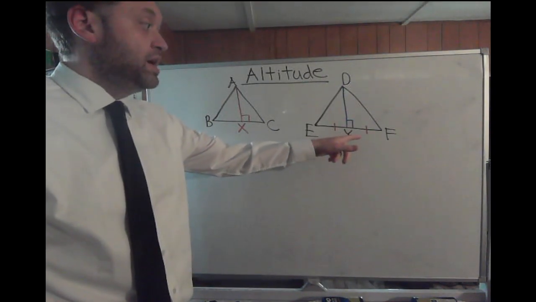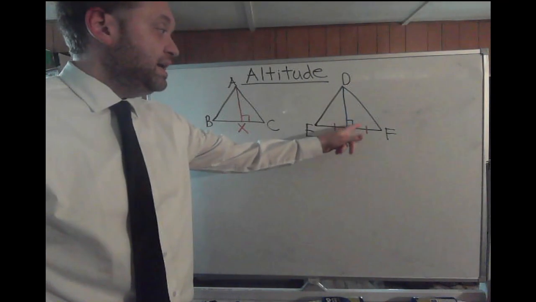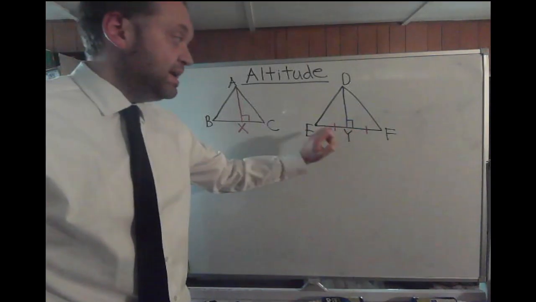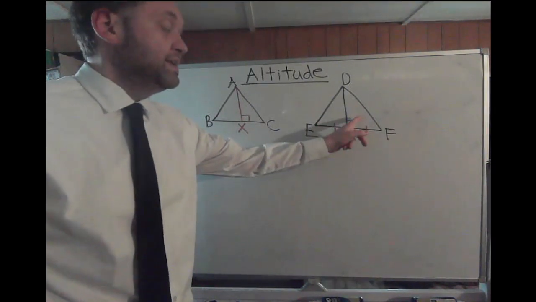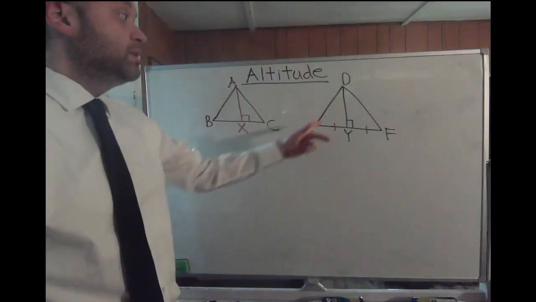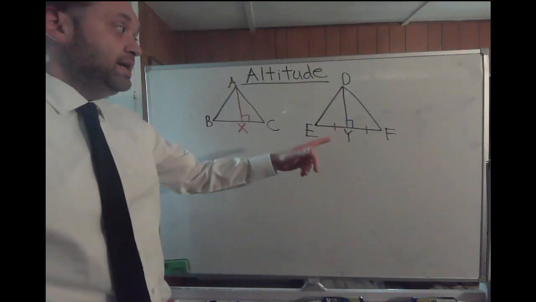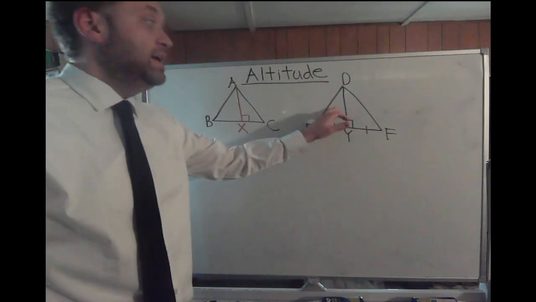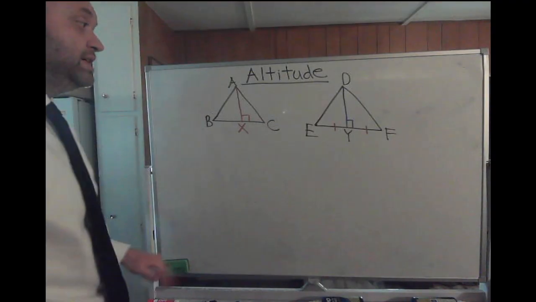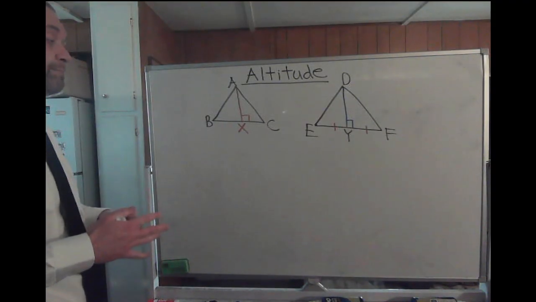It forms both a perpendicular line with the opposite side and it intersects the opposite side at its midpoint. So therefore it would actually be the altitude and the median in an equilateral triangle. These are for acute triangles.